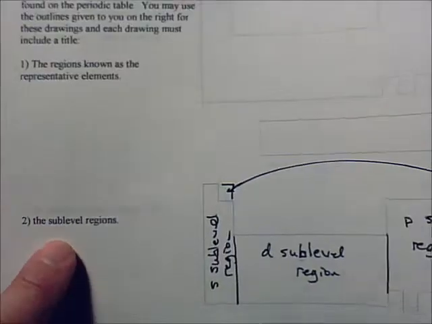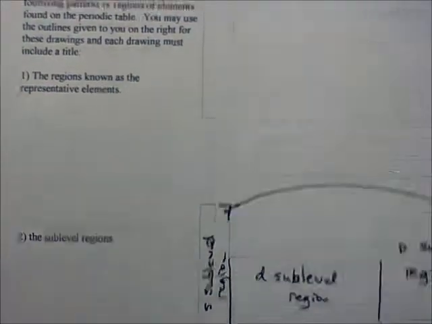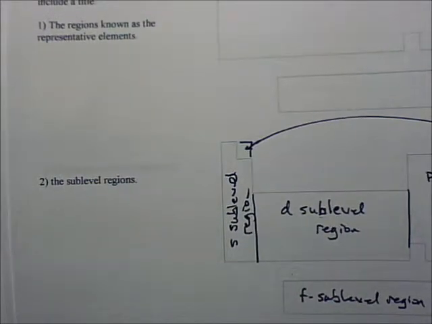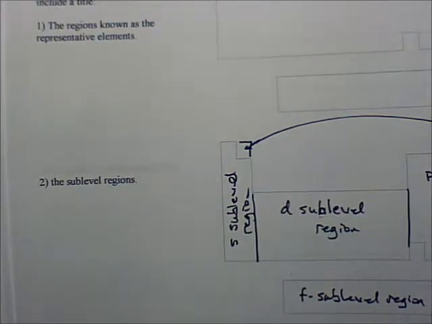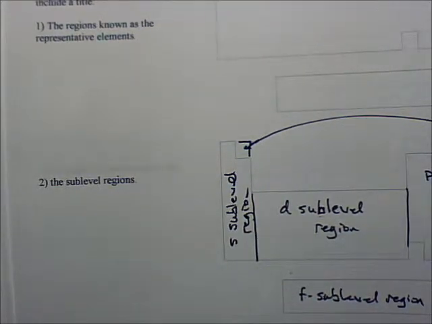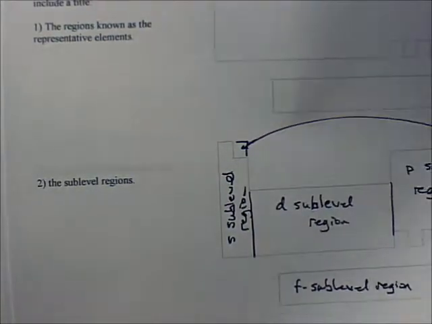Okay, the sublevel regions, I just showed you that. You're supposed to have already done that one. Atomic radii, have we done that one already? Yes. The third one down? Yeah, I think that's atomic radii. Okay. Same thing. Radii means from the nucleus to the outer edge, and that's basically the size. Okay. If it has a longer radii, it's got a larger size. Does that make sense? Okay.